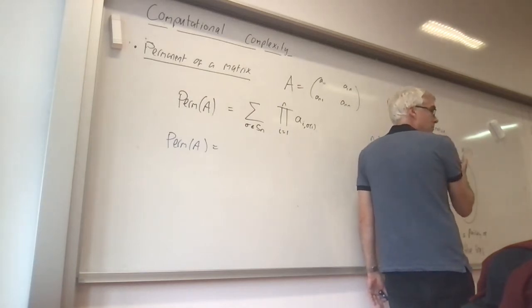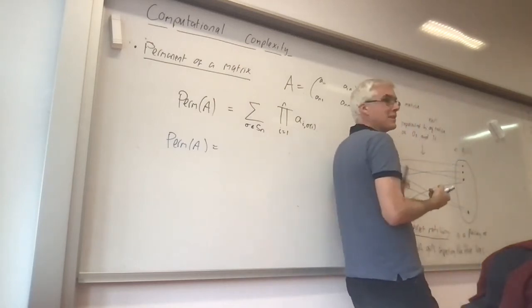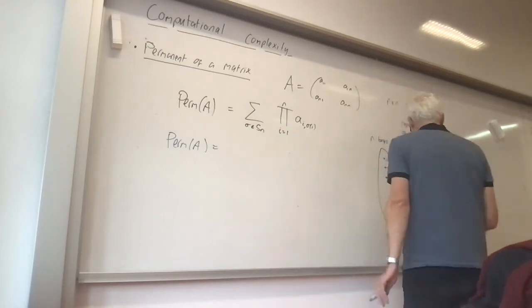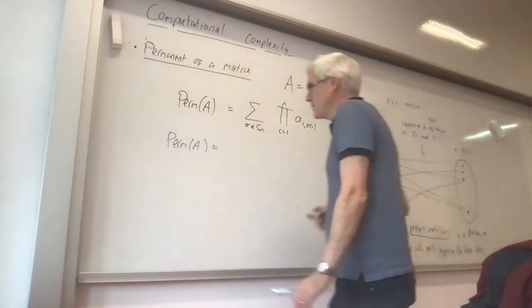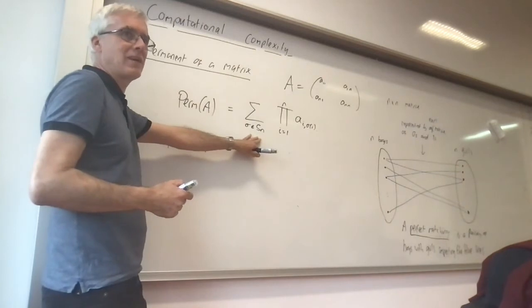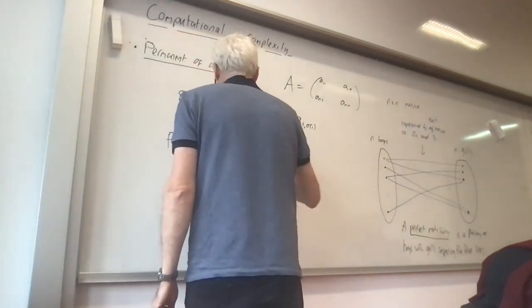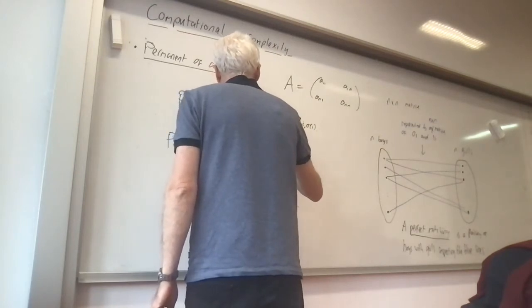That's the decision problem. Find an explicit perfect matching. That's the practical problem. Can we actually find an appropriate pairing of the boys with the girls? That's the search problem. And there's the counting problem. And the permanent, this formula, is the answer to the counting problem. So the permanent of A, in this case, is the number of perfect matchings.